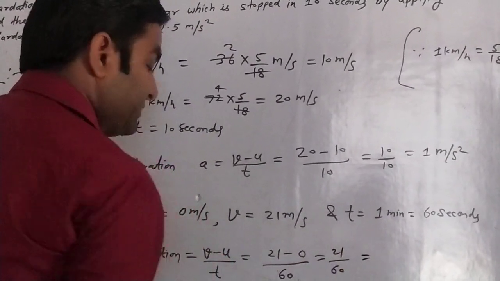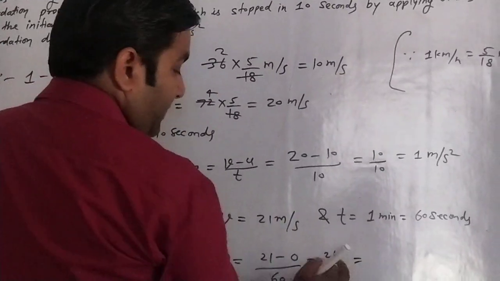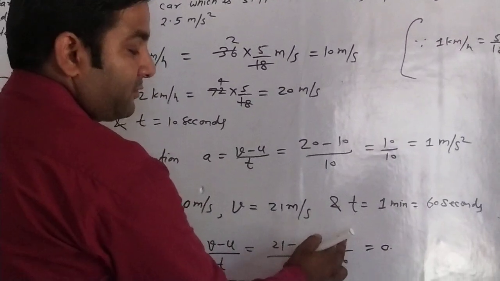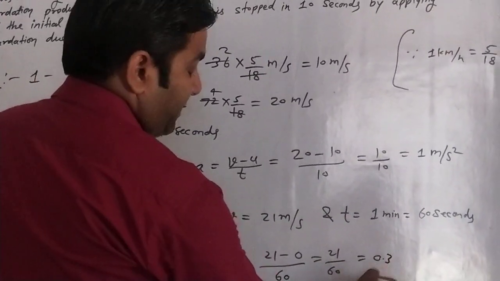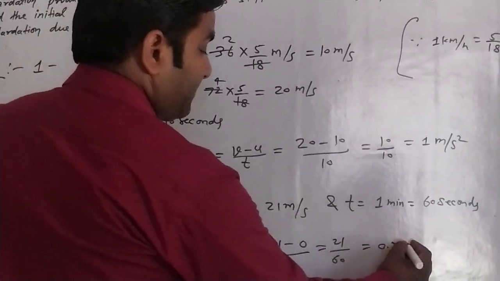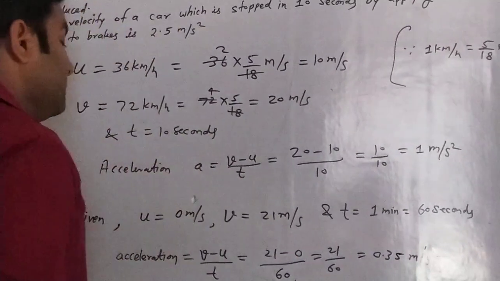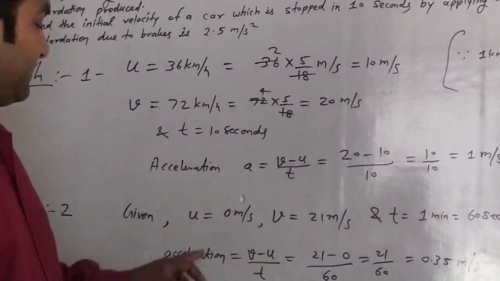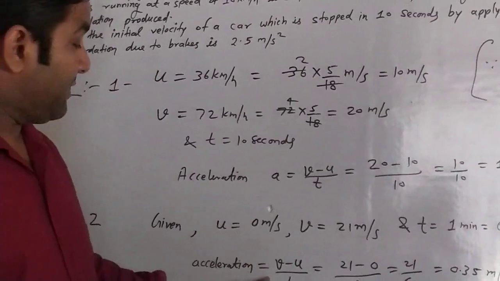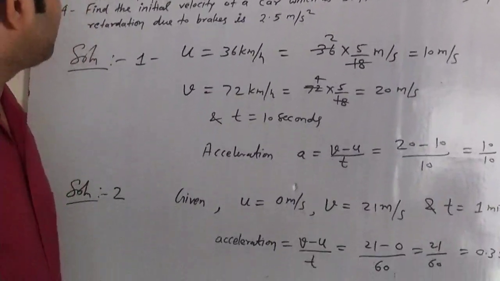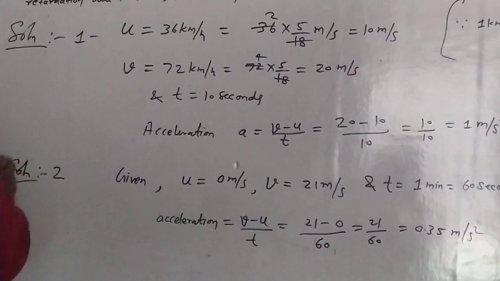When we divide 21 by 60, here 21 is small, so 0 point, 6 sixes are 36... then 0.35 meter per second square. Solutions of 1 and 2 are very easy; directly applying the formula, we get the results.